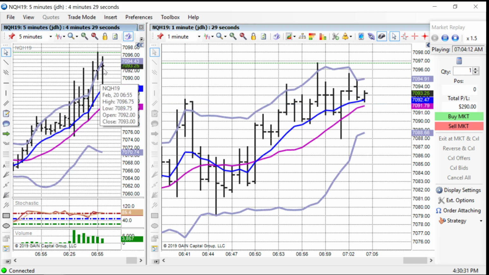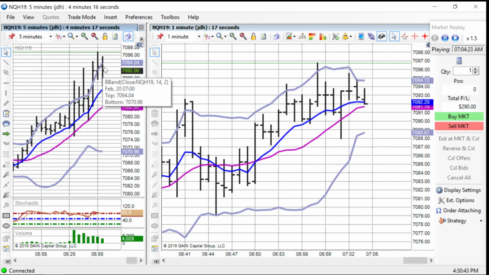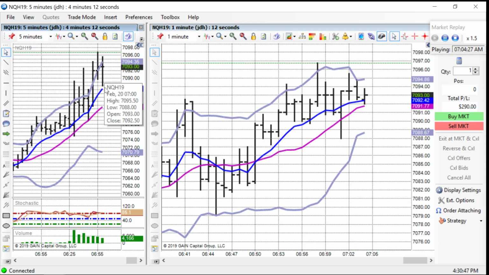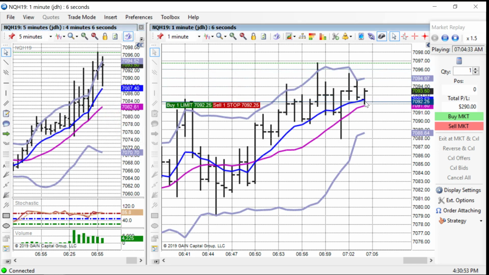This trend is still looking like it's strong, but look where I would have to enter if I was entering the 5-minute chart. If I was entering at the close here, it would be at the upper Bollinger Band, so I couldn't take that trade there. So on the 5-minute chart, I would need to see it drop back to the ADMA line. So if it does that, that's a trend change here.